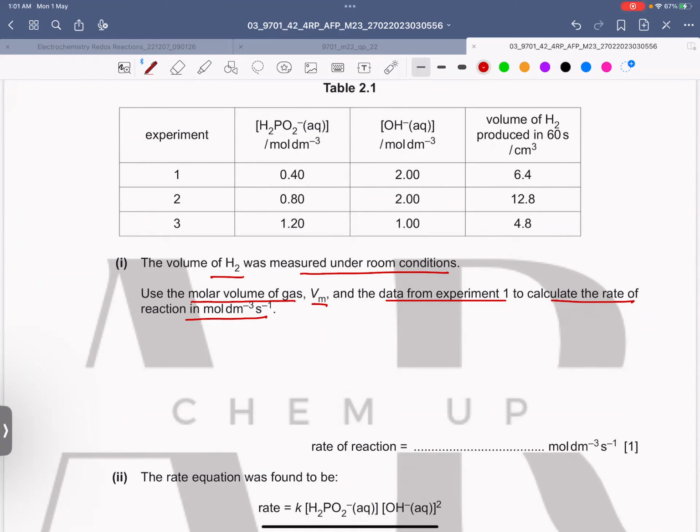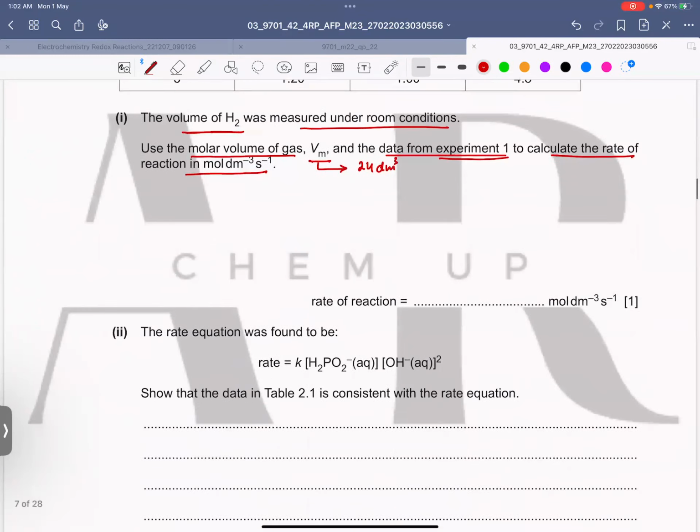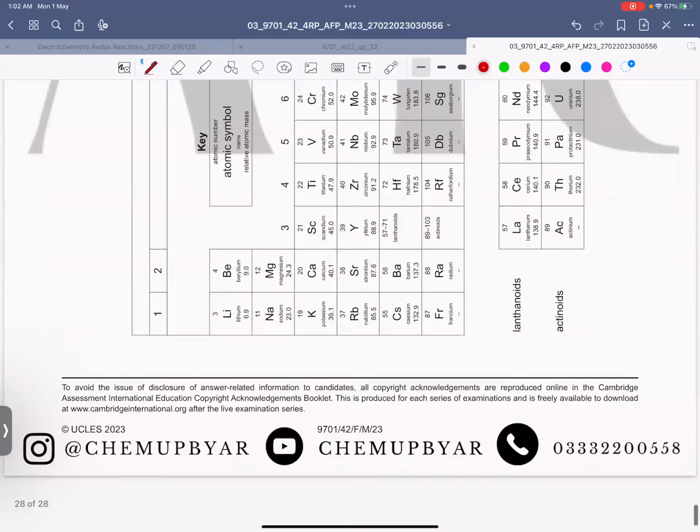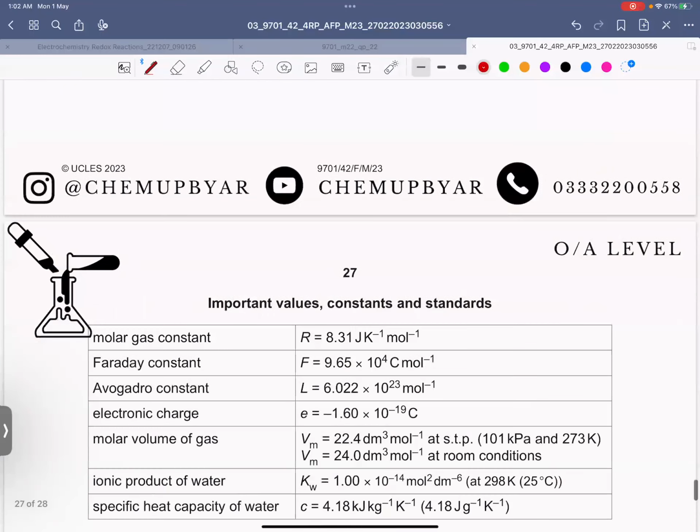So from experiment 1, I have to find the rate. And for that, I have to use the volume of hydrogen gas. What is molar gas volume? The molar gas volume is basically 24 decimeter cube, which is given over here. If you don't remember, you can easily find it in the constant table values here.